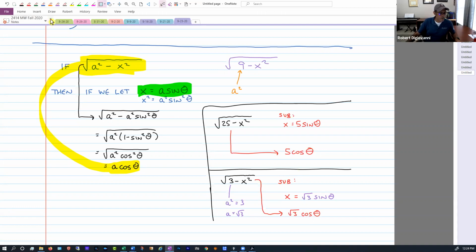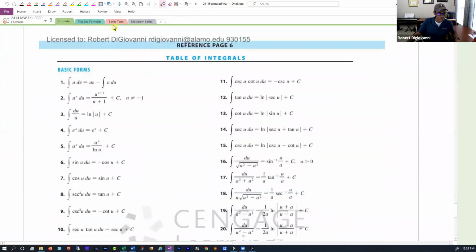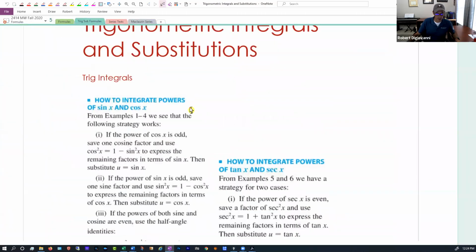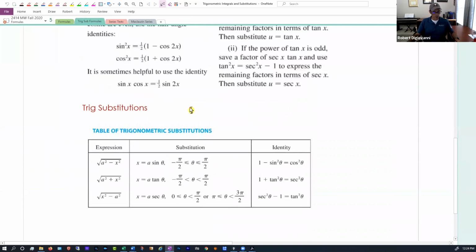So I'm going to bring up our formula sheets real quick. And I want to point this out, all right? Right here, it says, what if you have this expression, a squared minus x squared? Now remember that you can have this on your test, right? Then it's telling you what substitution to make, a sine theta.